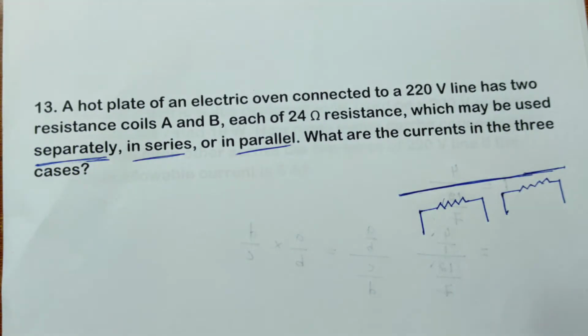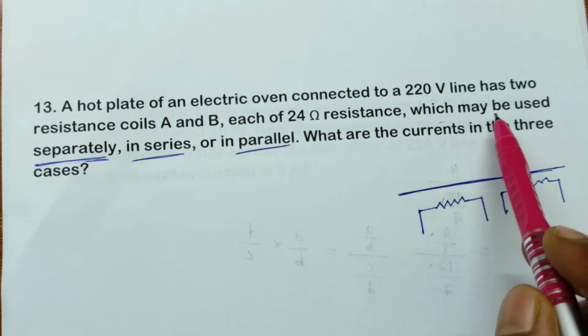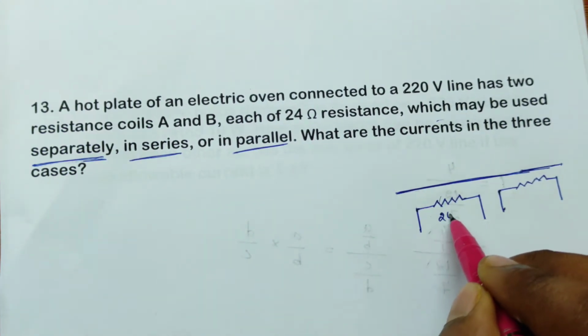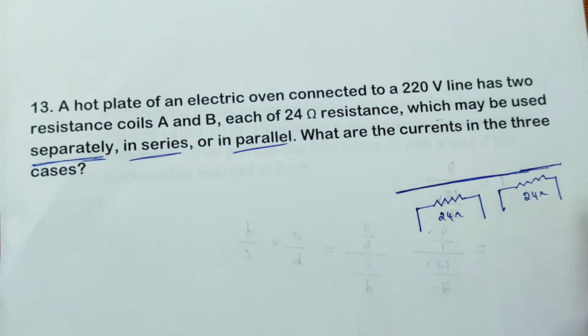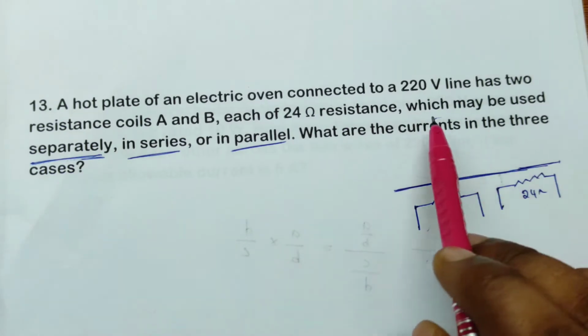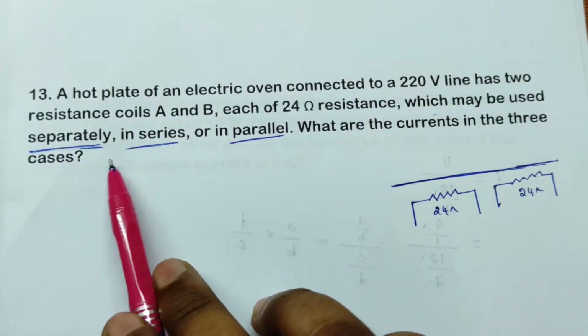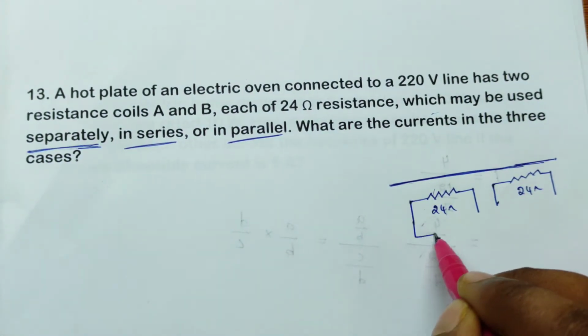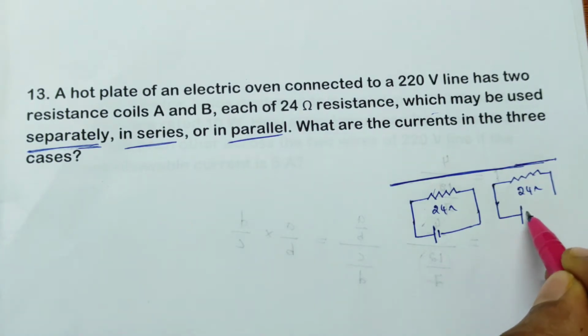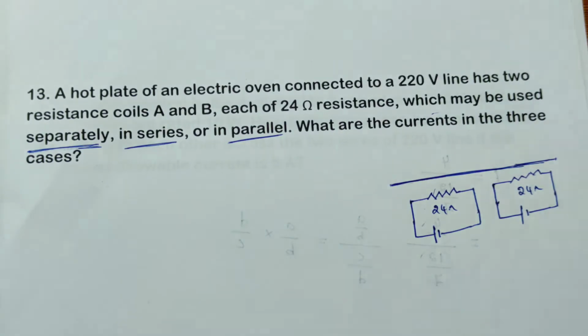So in the question, each resistance has 24 ohms. This is 24 ohms and this is also 24 ohms. This is the initial case. If you want, we can use them separately, which means we can connect them separately to 220 volts.